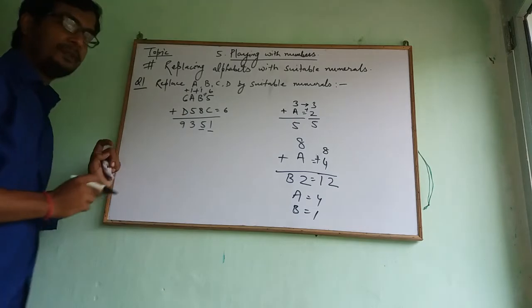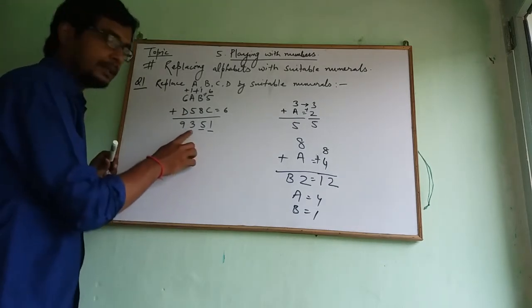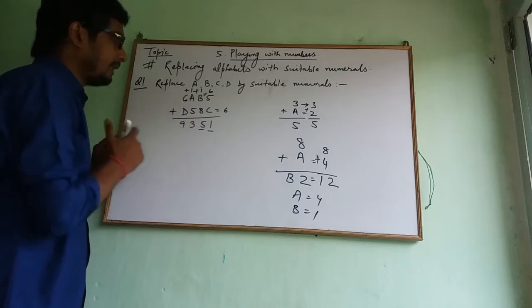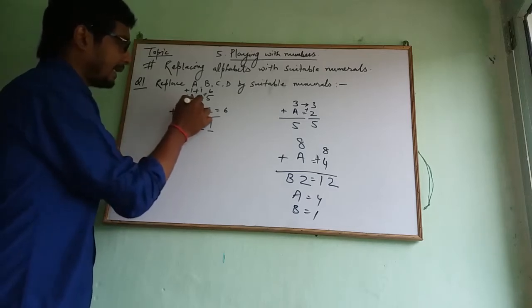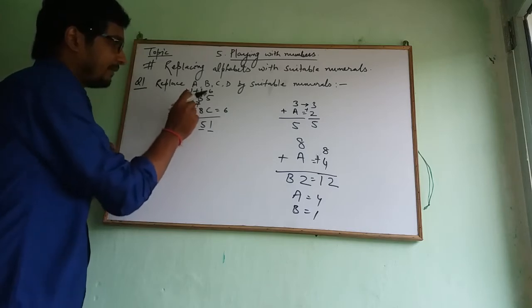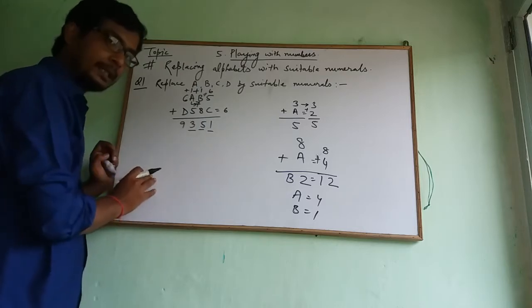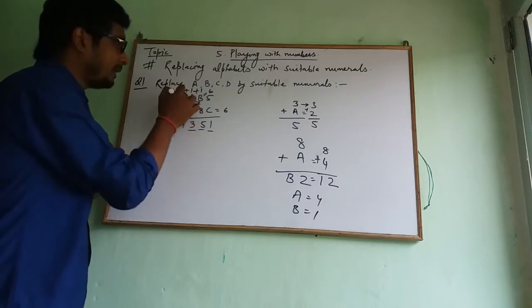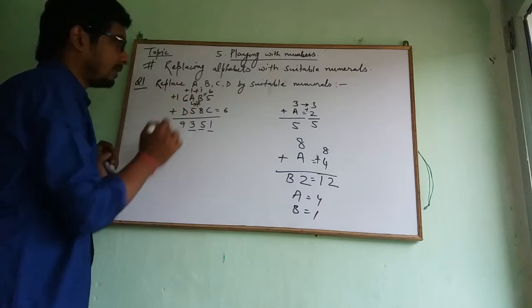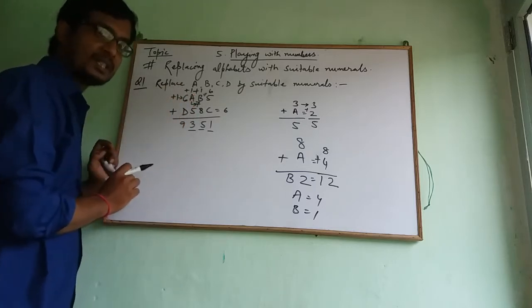Now what must be the value of A so that my unit digit will be 3? You can see that if I put the value of A as 7, then I will get 7 plus 5, this is 12. 12 plus 1, this is 13. So the unit digit will be 3 and 1 will be carried here. So 1 plus 6 becomes 7.